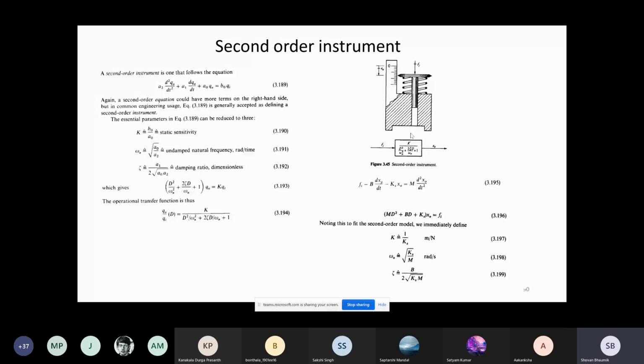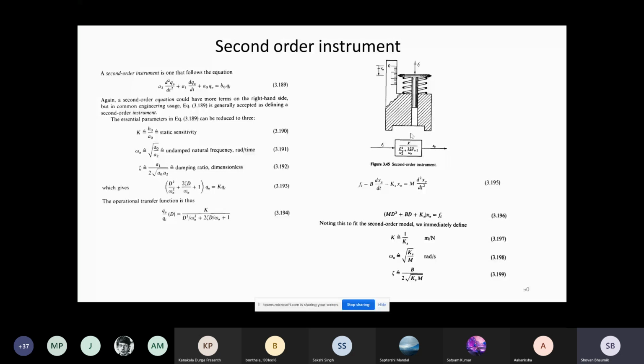Now if you try to write the transfer function using Newton's law, the input will be Fi, and the damping force opposing the input will be equal to a constant B multiplied by the rate of change of x0, that is, the velocity.